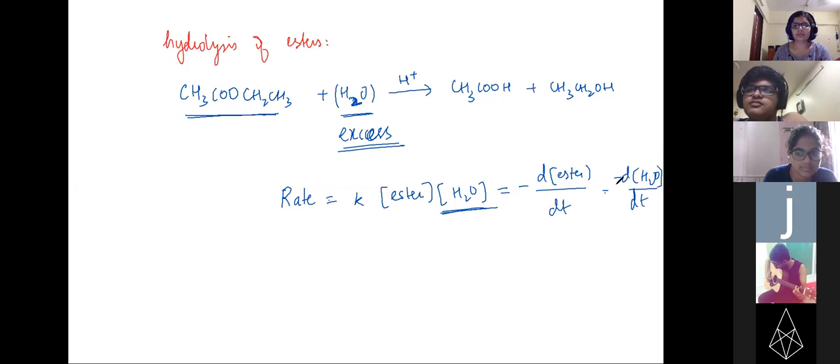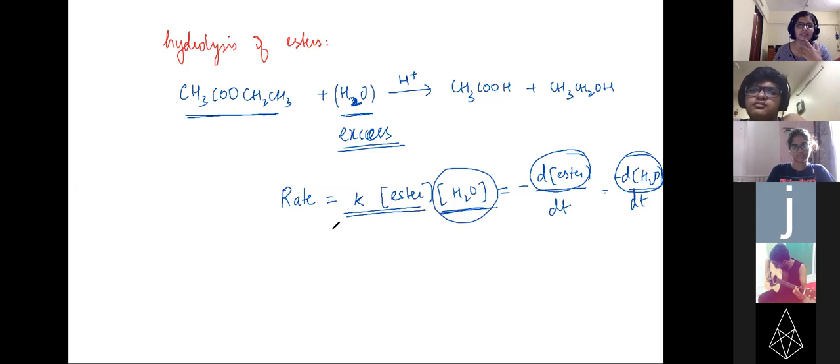So this basically becomes irrelevant when it is very small as compared to the change in the quantity of ester. So essentially this follows first order kinetics only when one of the reactants is in excess. So these kinds of reactions are called pseudo first order reactions.